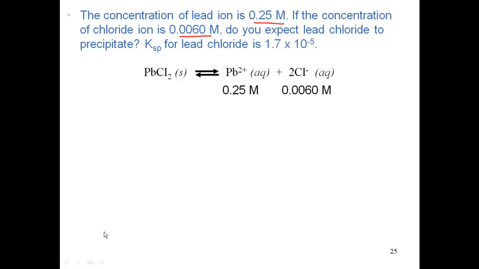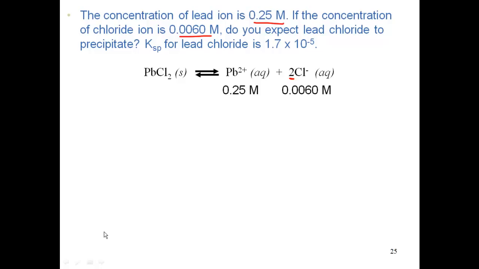Once again, that is all the lead and all the chloride I have, so I am not going to account for that 2-to-1. Basically, that 2-to-1 is just telling me that I'm going to take one part of that 0.25 and two parts of that 0.0060 and combine them to form my lead chloride. That's just my ratio.